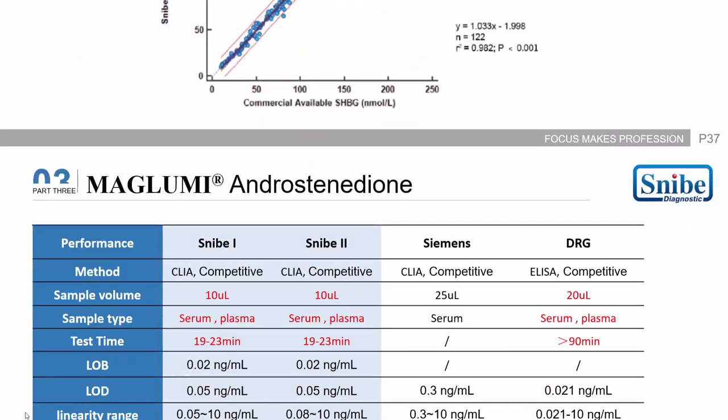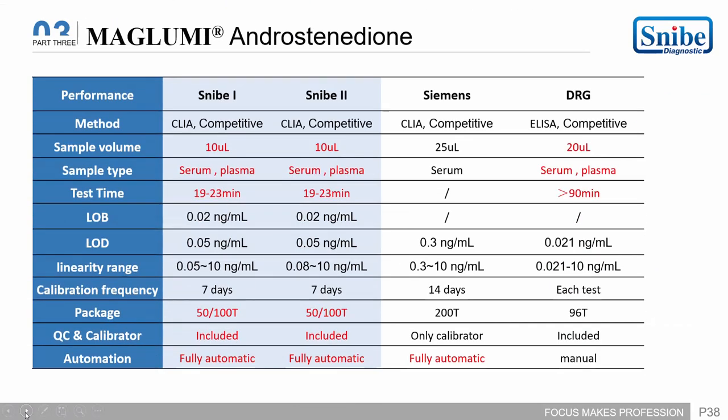If we talk about androstenedione, we have competition with Siemens and DRG, and they have a correlation with the first generation and second generation.